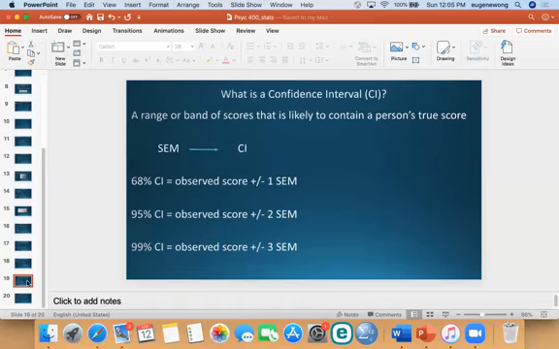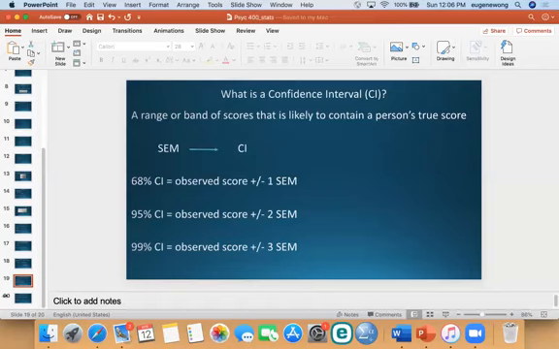So for example, with a 68% confidence interval, we're going to take the observed score, add and subtract 1 SEM. For the 95% confidence interval, we're going to take the person's score, add and subtract 2 SEMs. For the 99% confidence interval, add and subtract 3 SEMs.